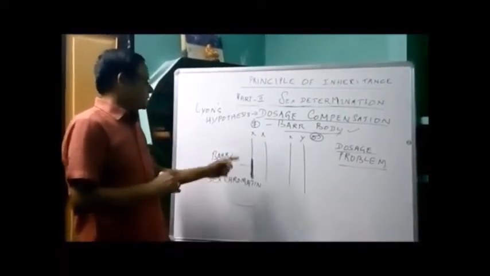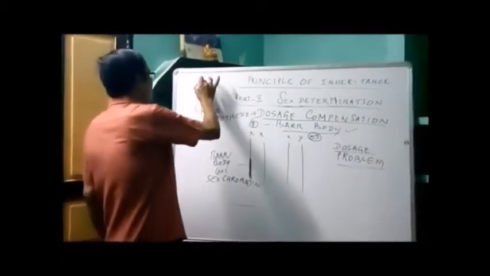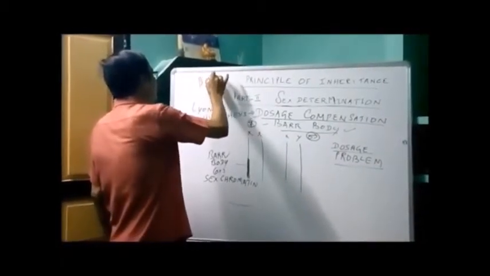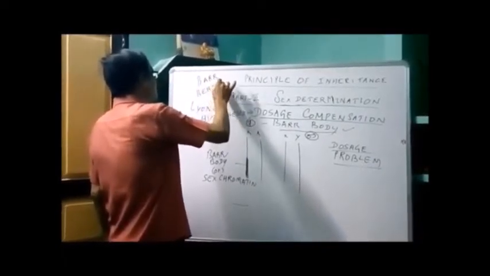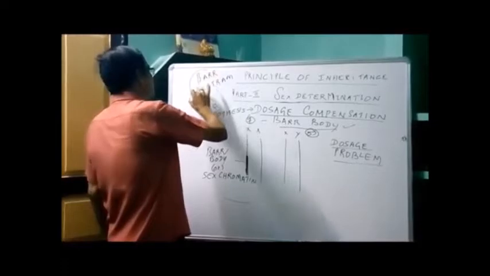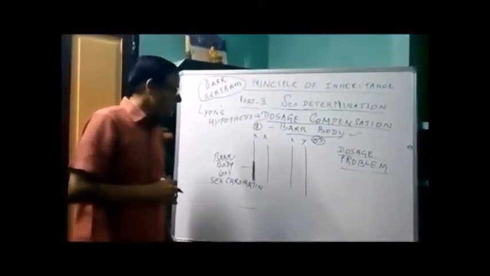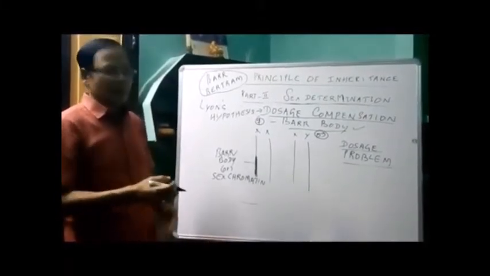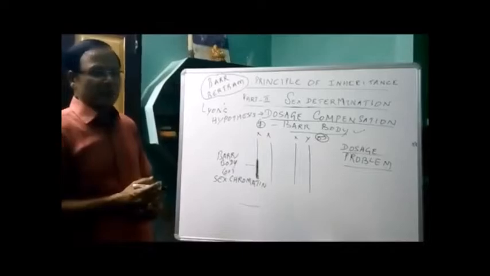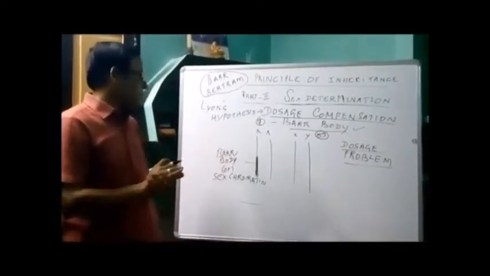Now, this Barr body was first reported by Barr, hence the name Barr body, and another person, Bertram. These two persons observed the Barr body in the nerve cells of female cat, because there you see the female's two X chromosomes.